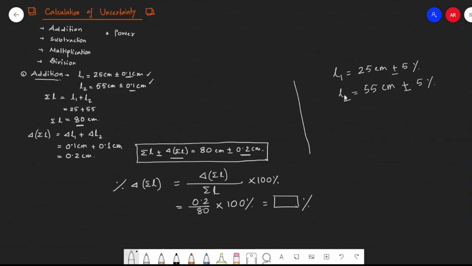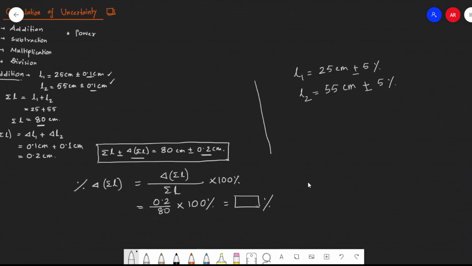So L1 and L2 both have the percentage uncertainty of 5%. Now what you have to find out is the absolute uncertainty of L1, which is the percentage uncertainty of L1 multiplied with the value of L1.